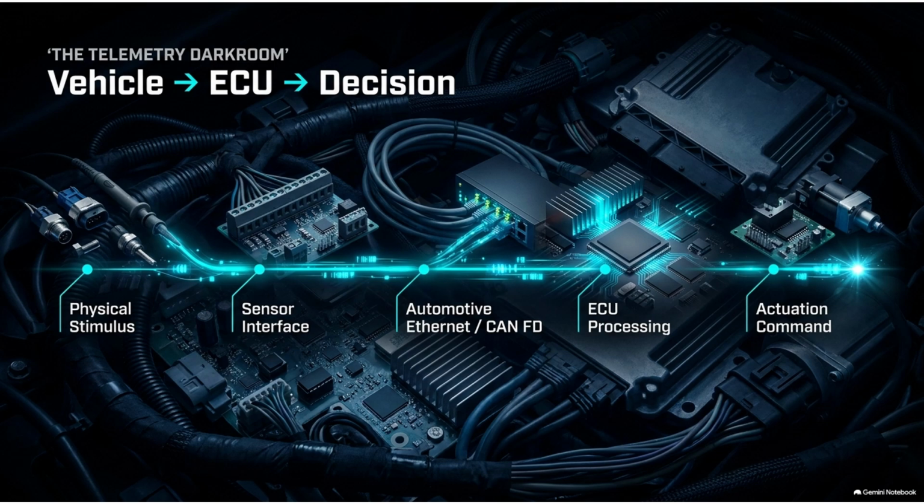The ECU processes the data and makes a decision, which leads to an actuation command like actuating braking or applying the PB. As test engineers, we must verify every single transition in this chain to make sure no data is being lost.